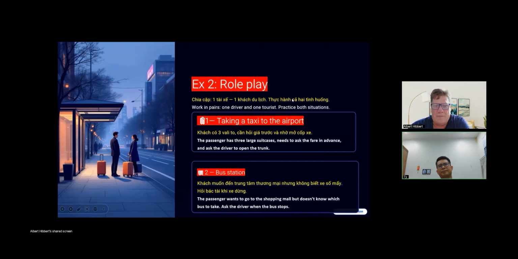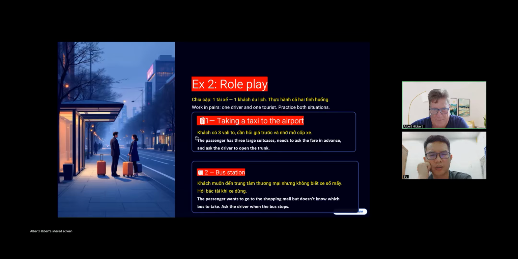Okay. Right, now we're going to role play a bit. Okay, so we're going to work in pairs, you and me. One is a driver and the other one is a tourist. So I will be the driver, you are the tourist. So what we have to practice now is this one first. You want to take a taxi to the airport.